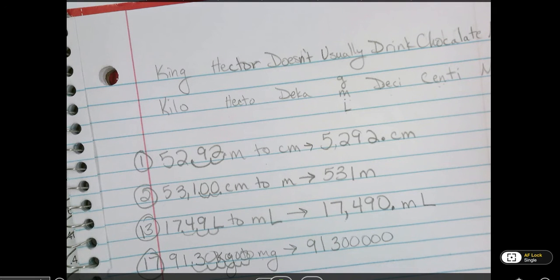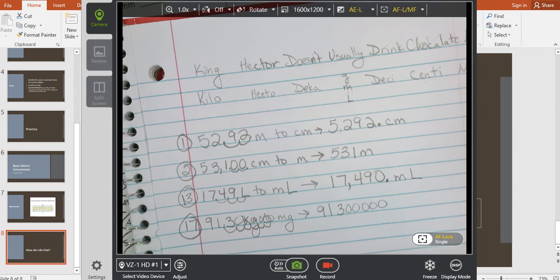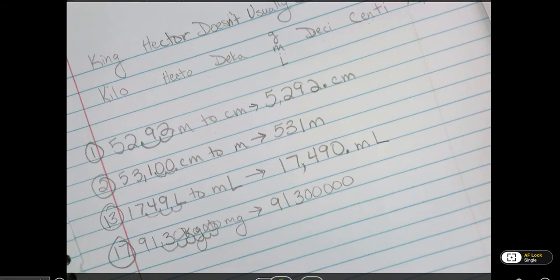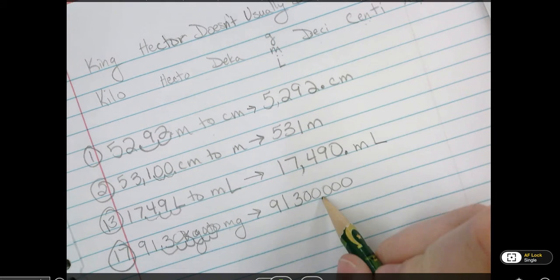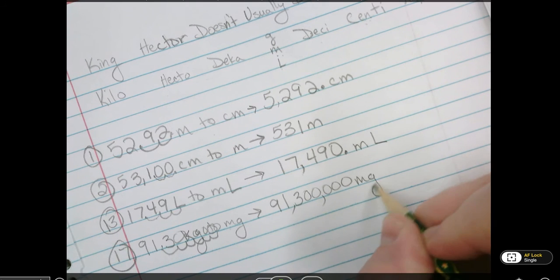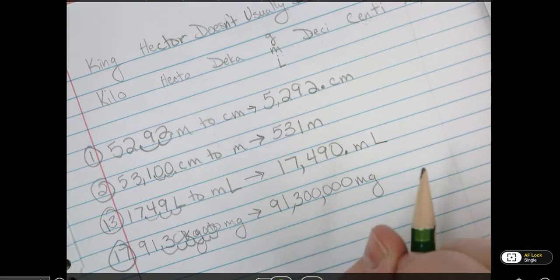So we're going to pause right there. So if we're looking here, we've just got this, right? And that'll be our answer.